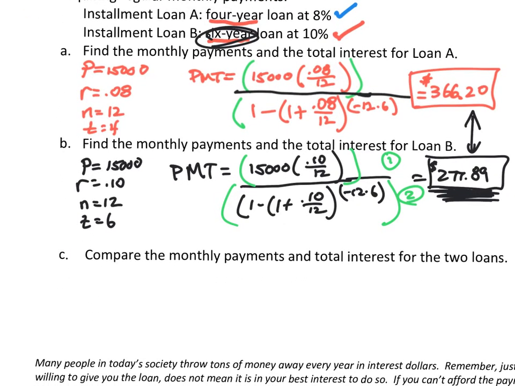Compare the monthly payments and the total interest for the two loans. For number one, which I did in red, for the 8% in 4 years, you are paying $366.20, and you're multiplying that by 12 times 4. 366.20 times 12 times 4 is actually $17,577.60.